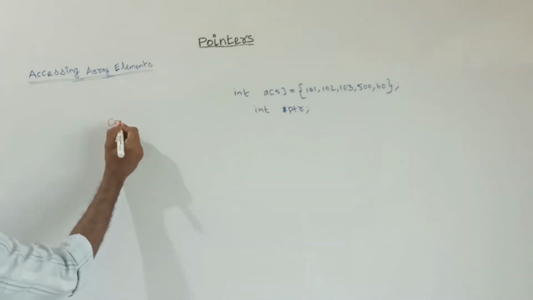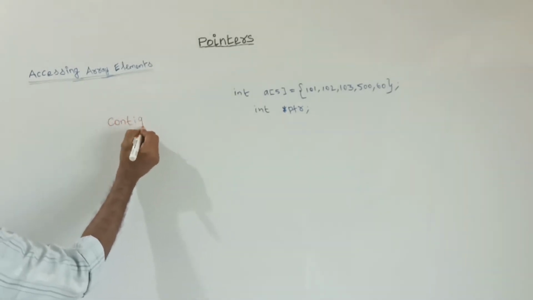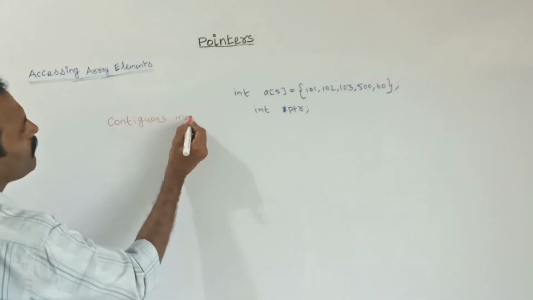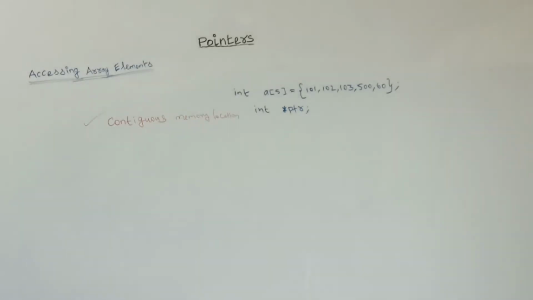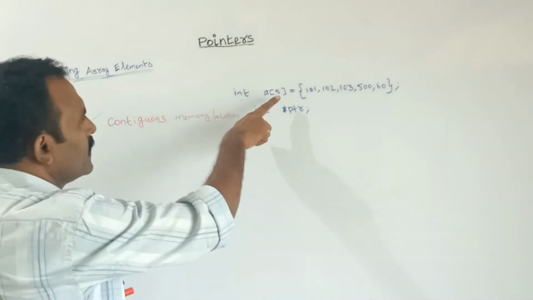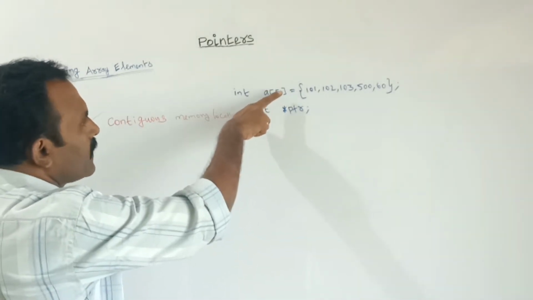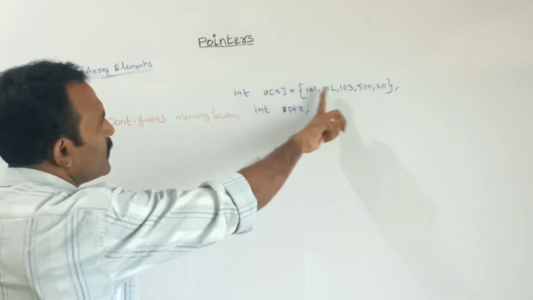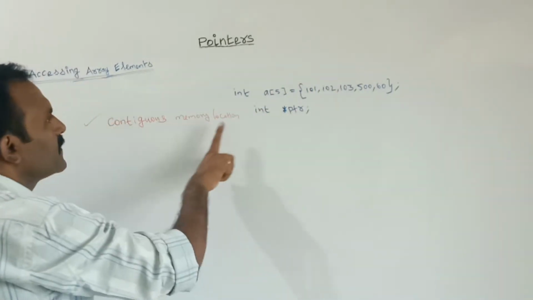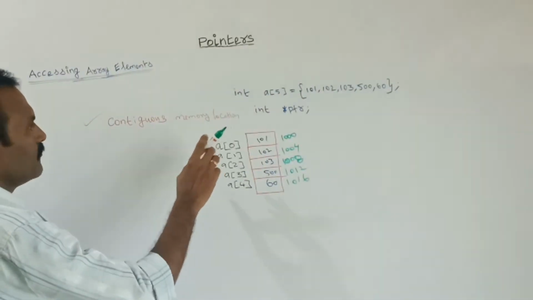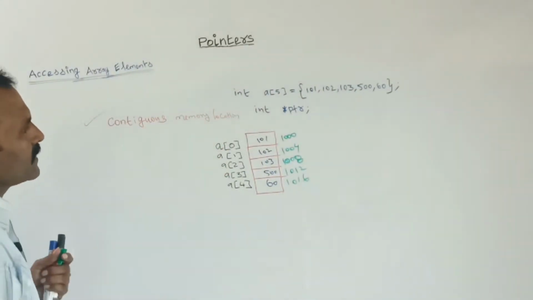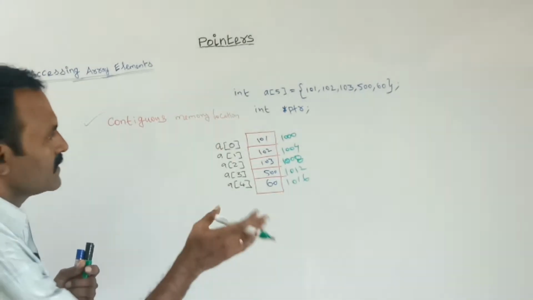First one, contiguous memory location means the compiler stores the array elements in continuation.